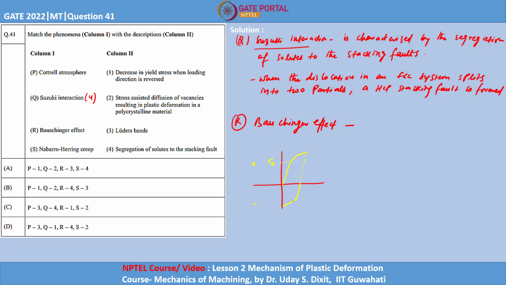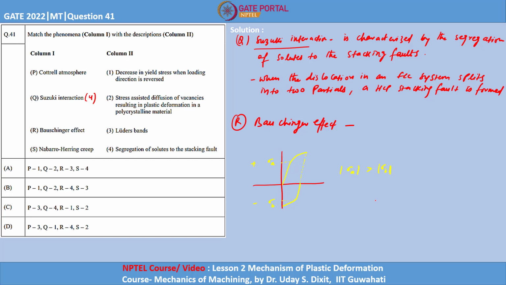After the elastic strain, the plastic strain will occur, and this yielding in the reverse direction, denoted by sigma B, will occur at a lower magnitude of stress as compared to the yield stress in the earlier one. So the magnitude of sigma A will be greater than the magnitude of sigma B, right? In the reversal case, the yield stress will be lower than in the earlier case.